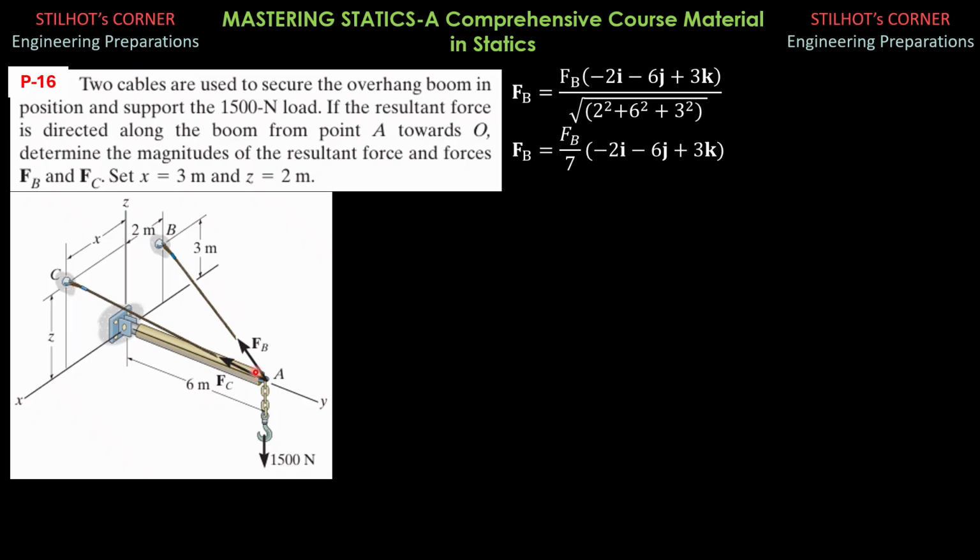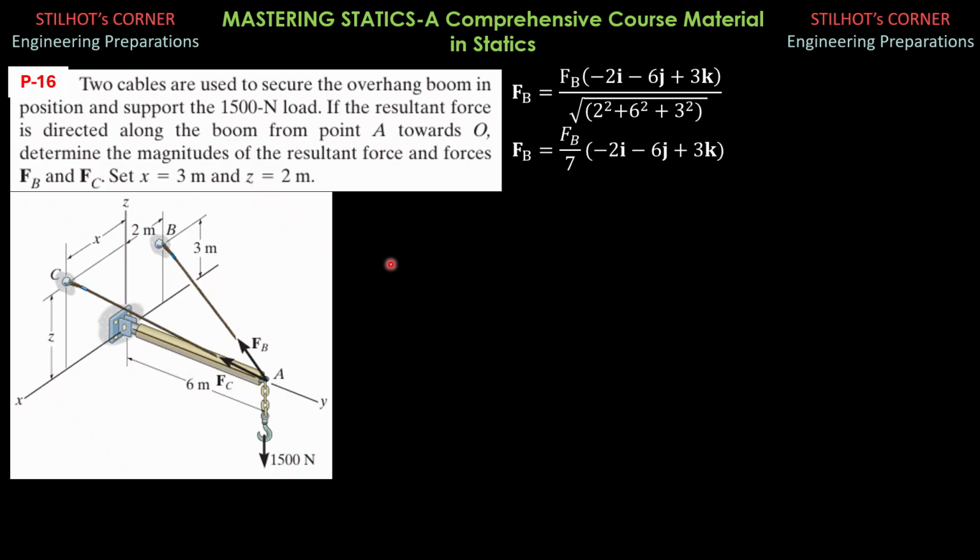Fc, on the other hand, as a vector is magnitude of Fc. Then it is forward x, which is 3i, then negative 6j back to the left, then upward z, 2k.